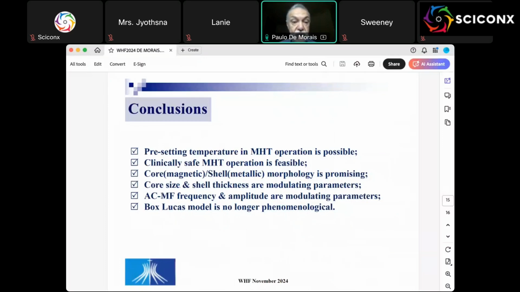On the other hand, AC magnetic field frequency and amplitude are also modulating parameters, which means a combination of the materials parameters and instrumentation parameters can lead you to write down clinically safe protocols for operation of magnetic hyperthermia. And finally, the Box-Lucas model is no longer phenomenological. It can be extracted from the basic principles of heat transfer.